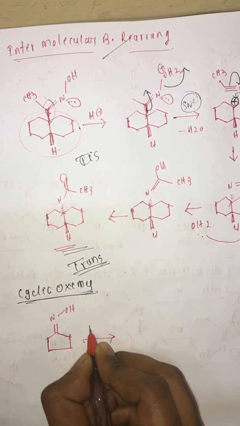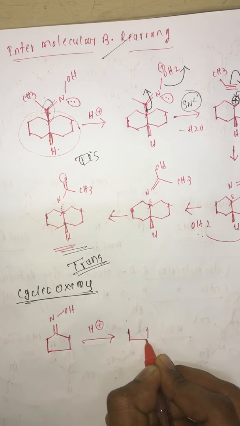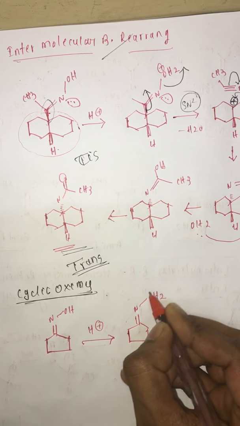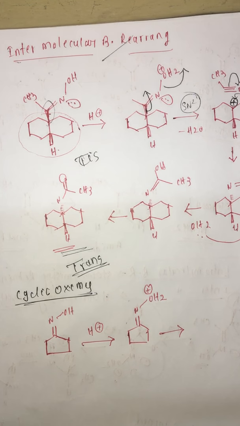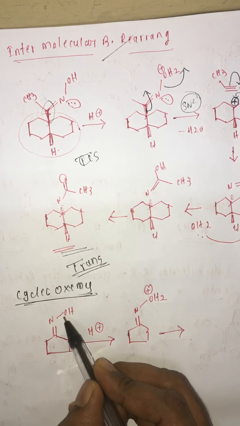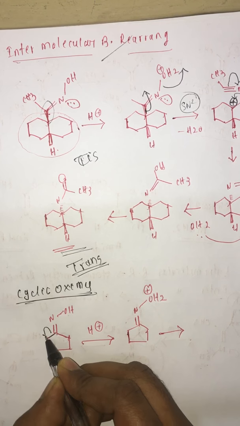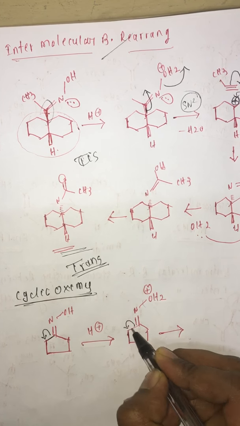So in the first step, protonation will take place. In the next step, see here the group which is present exactly opposite to the OH is this carbon, and this carbon opening takes place, meaning while removing this one, this opening will take place.